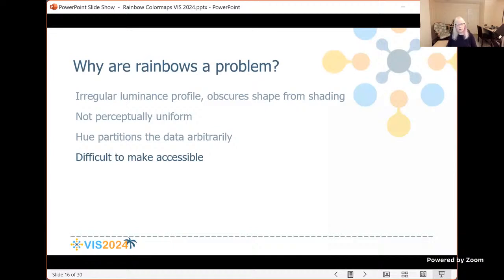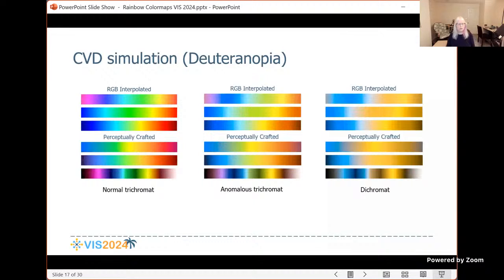So, for my final problem, they're difficult to make accessible. So let's look at this simulation. On the left, we have the full color version for normal trichromats. On the right, we have the 2-cone version, dichromats, the most extreme form of color blindness. And in between, we have the anomalous trichromat. Now, if you have CVD, your perception of luminance is very similar to those of us with more normal color vision.